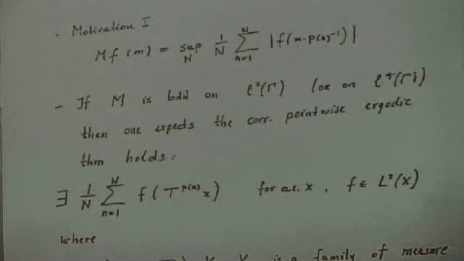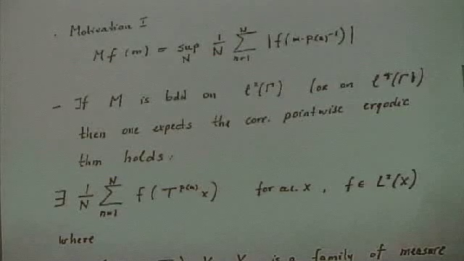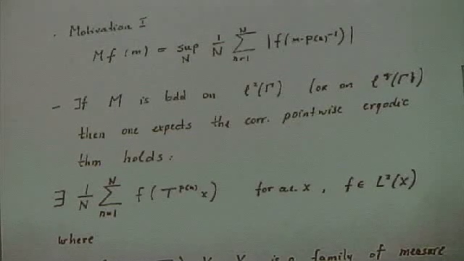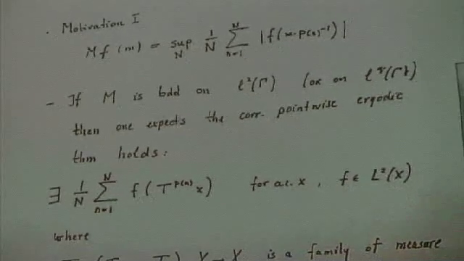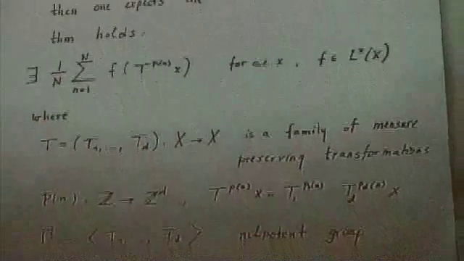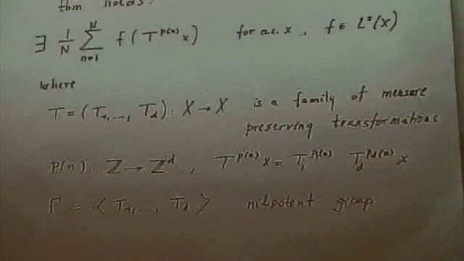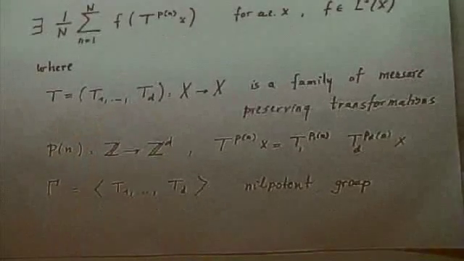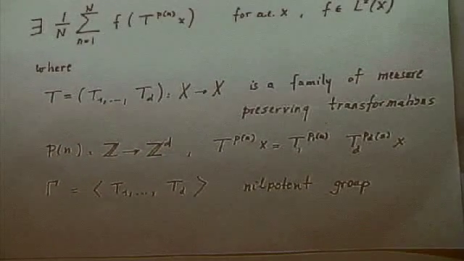So what type of ergodic theorem would one get then? Imagine that you have a measure space, the capital X is the measure space. And say you have a family of measure-preserving transformations on that. This family is T, and it consists of d measure-preserving transformations.